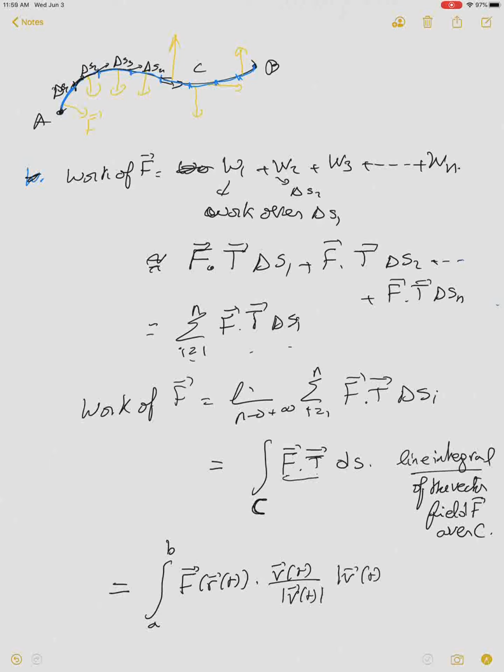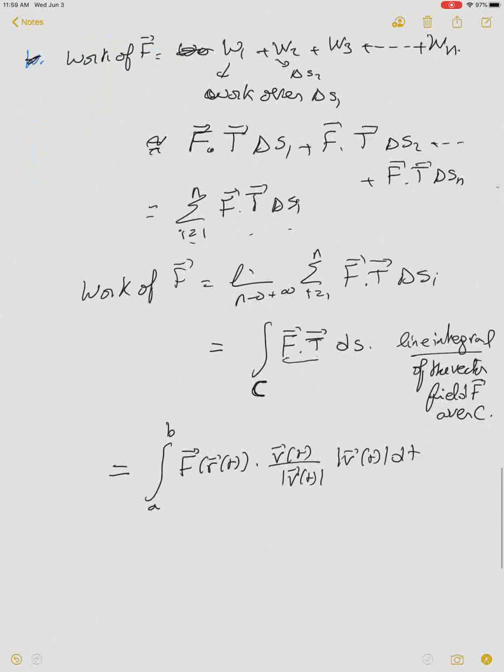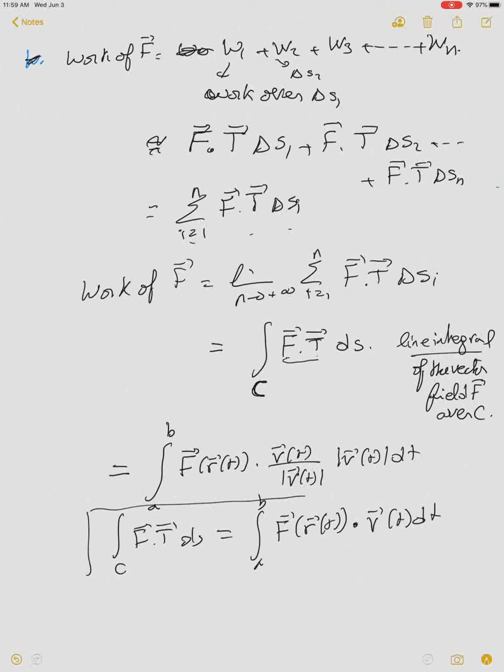It's the absolute value of v of t dt. And this is nothing but the integral from a to b of F of r of t dot v of t dt. And this is how I compute the integral over C of F dot T ds.